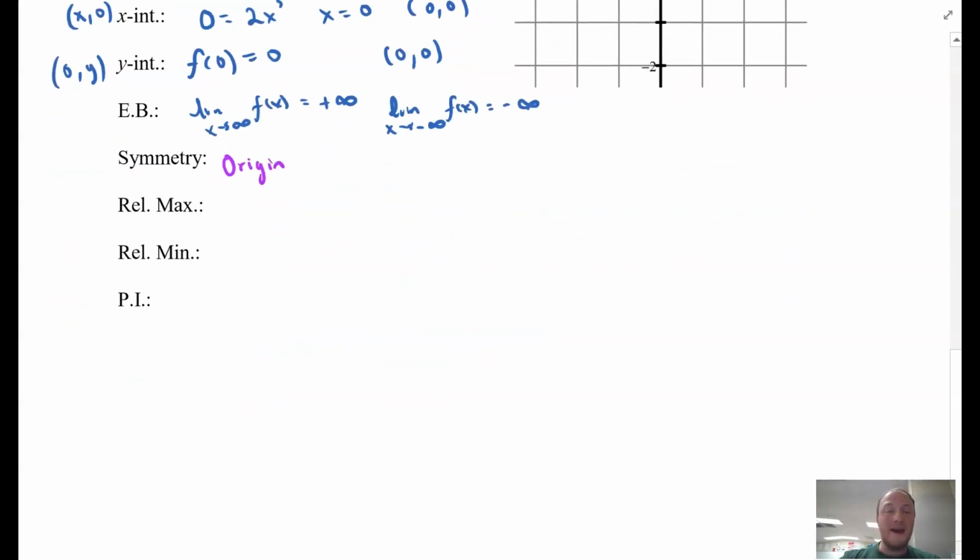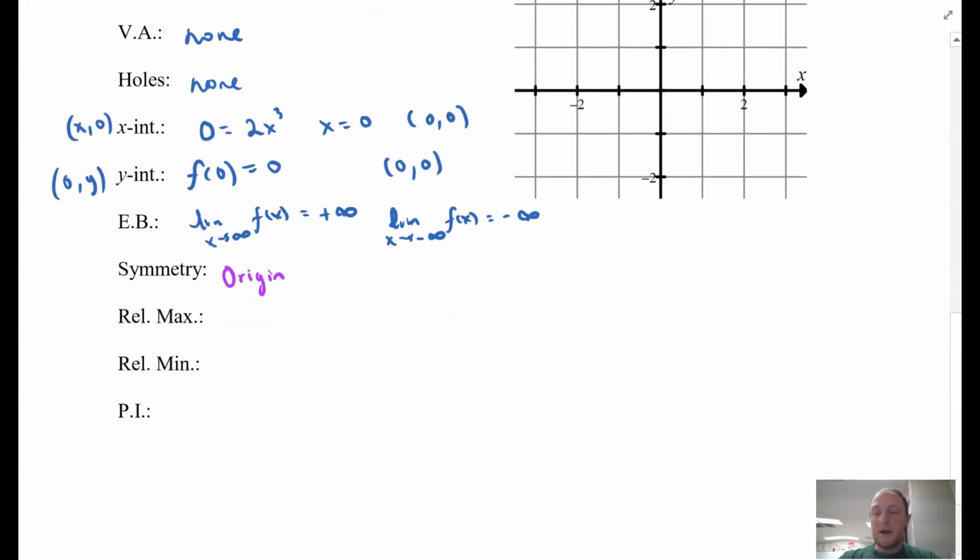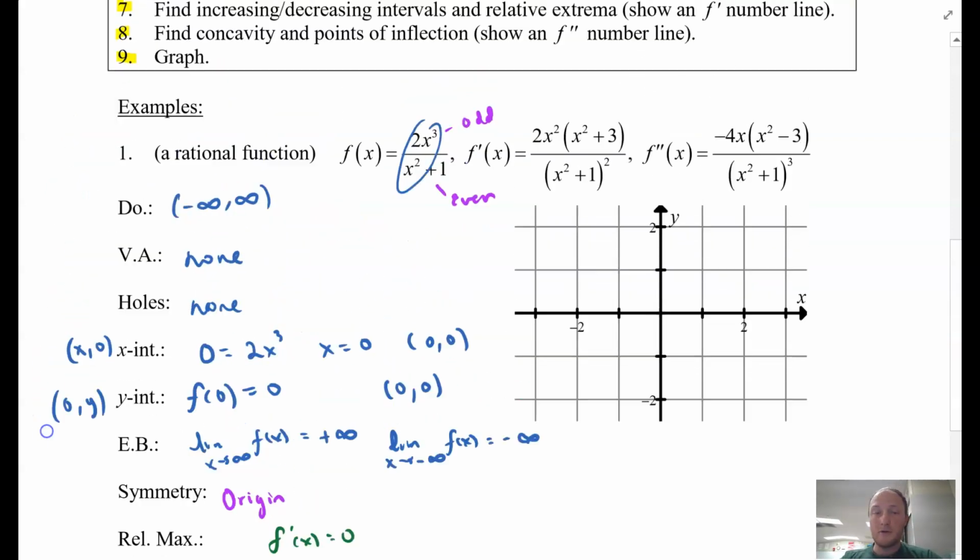All right, relative max, relative min. Remember, we calculate these by taking the derivative. Okay, so I want to take f prime of x, and I'm going to set it equal to 0 to find our critical numbers.